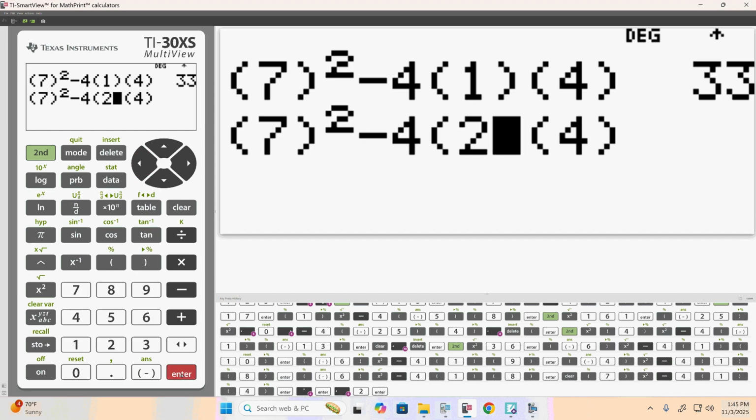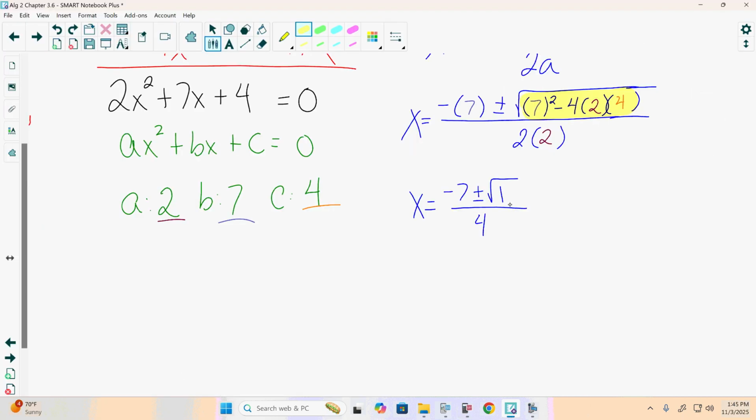So 7 squared minus 4 times 2 times 4 is 17. So what's inside the radical is going to reduce to 17. Questions on this so far?